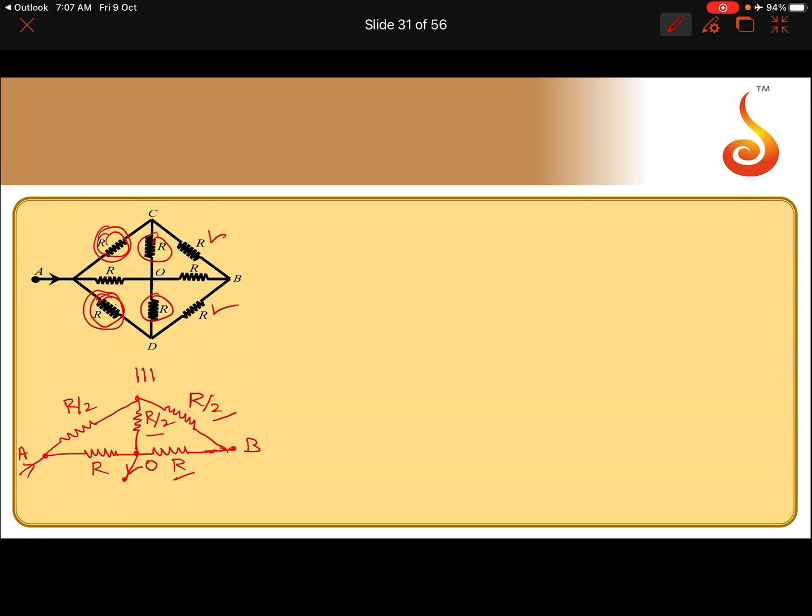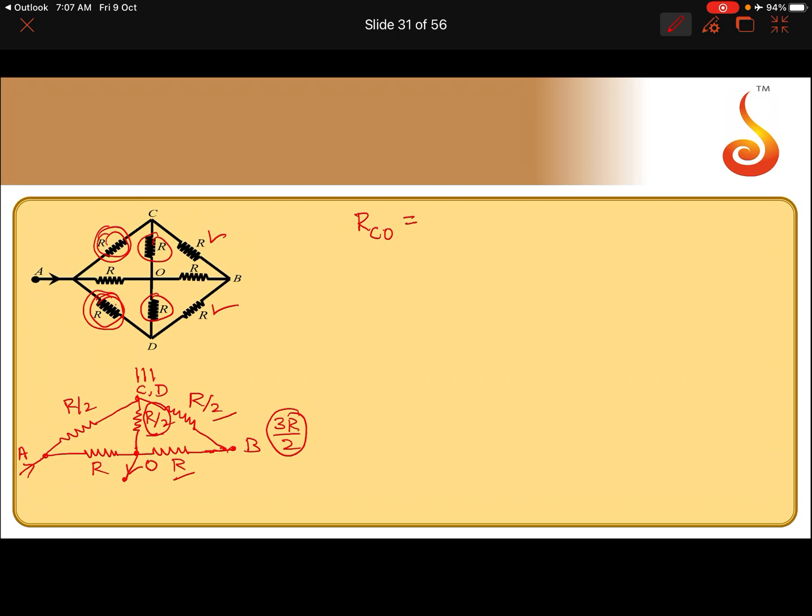And effective is in parallel with R by 2. So these two are in series, that will be 3R by 2. So this 3R by 2 is in parallel with this R by 2. So what do we get? This is C as well as D.